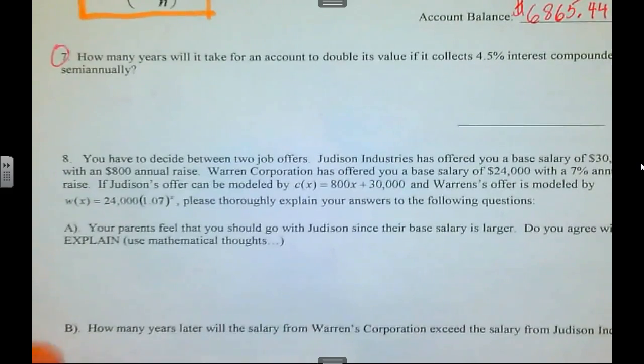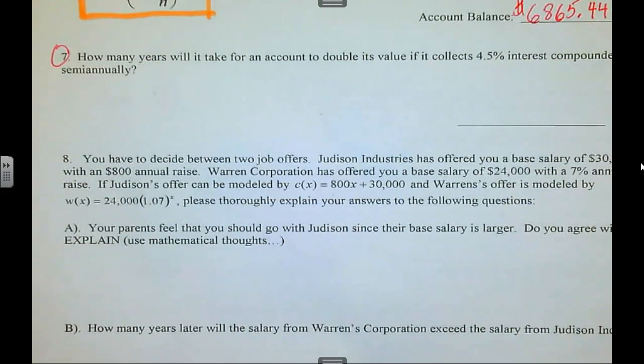You have to decide between 2 job offers. Judison Industries has offered you a base salary of $30,000 with an $800 annual raise. Warren Corporation has offered you a base salary of $24,000 with a 7% annual raise.